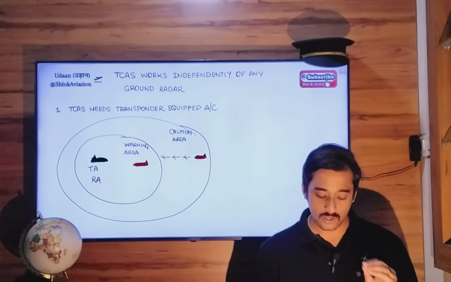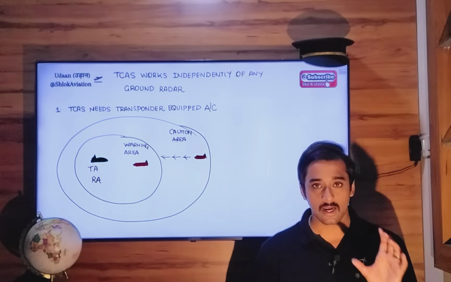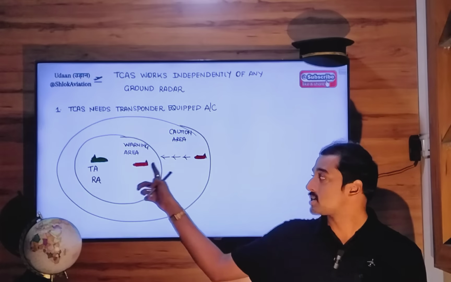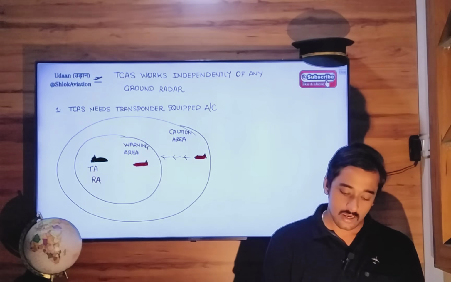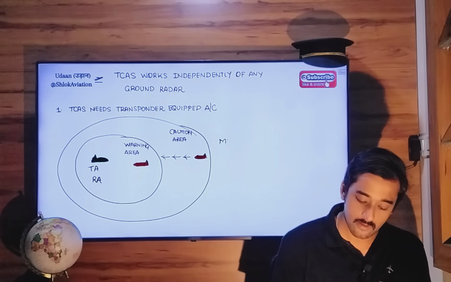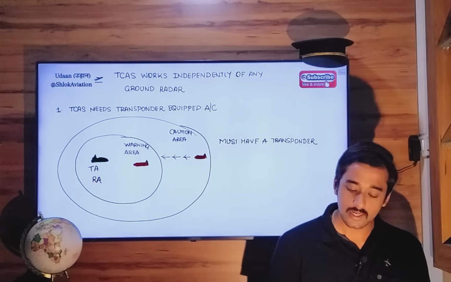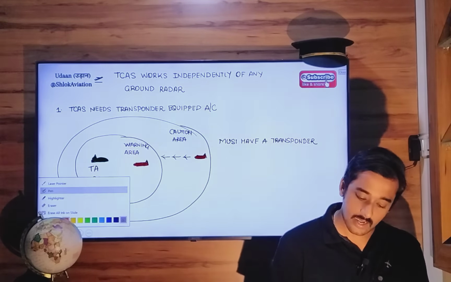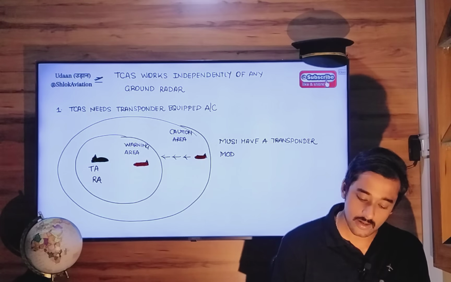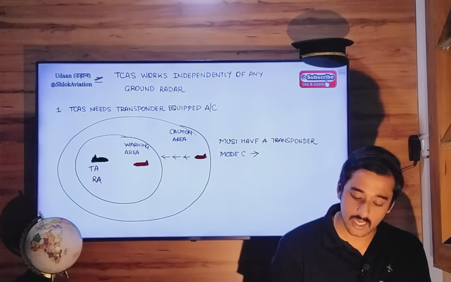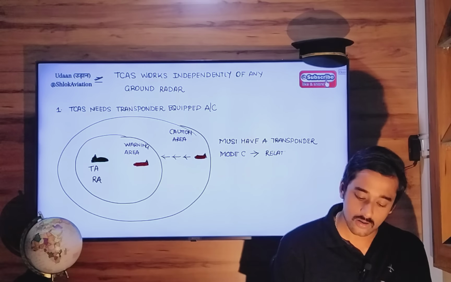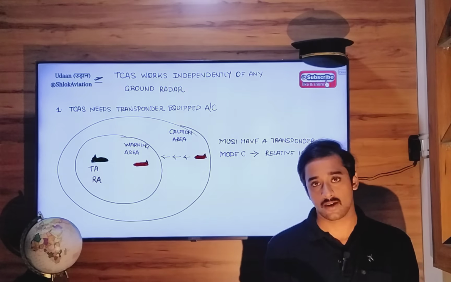In order to use these facilities of TCAS, traffic advisory and resolution advisory, the traffic around you must have a transponder. If the traffic has a mode C transponder, you will get to see the relative height between your aircraft and that aircraft.